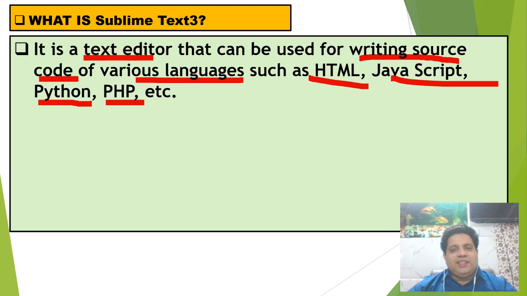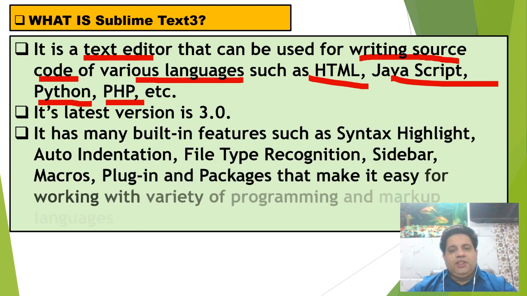So it is a text editor that can be used for programming HTML, JavaScript, Python, PHP. In this tutorial, we will be using Sublime Text 3. Its latest version is 3.0. It is open source, you can download it from the internet free of cost. It is shareware.